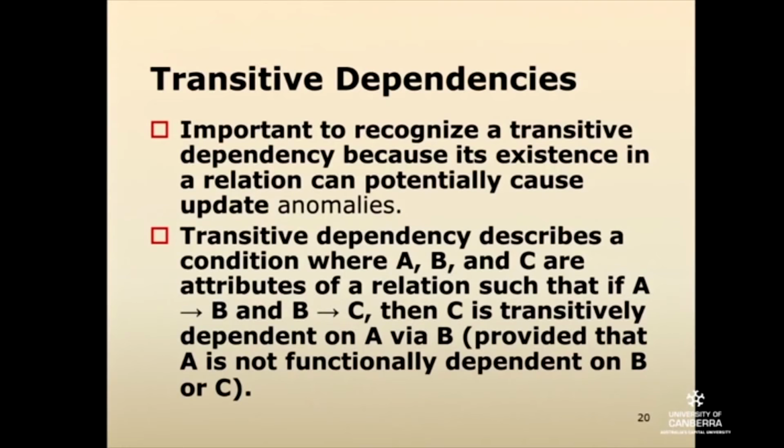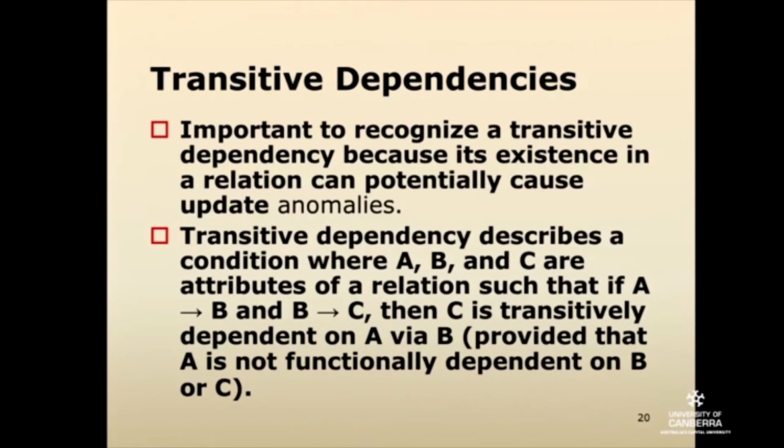Another thing is what's called transitive dependencies, and here are the definitions. Imagine you have A, B, and C as the three attributes of a table.